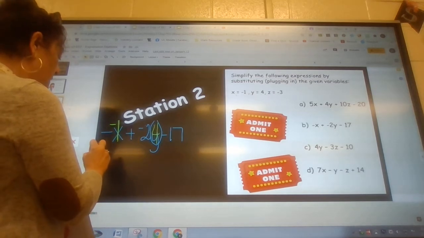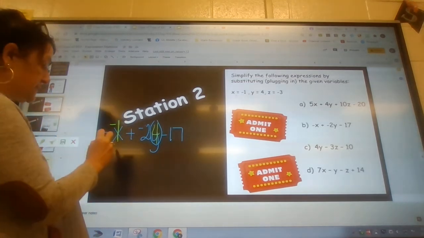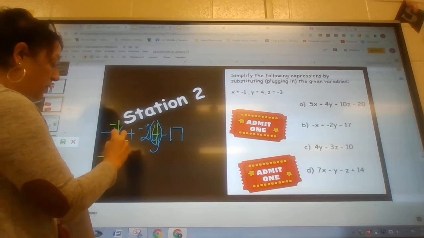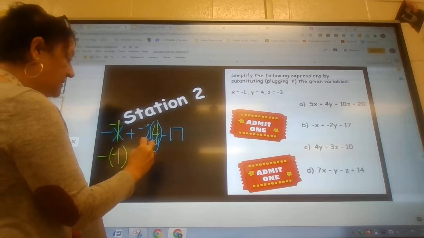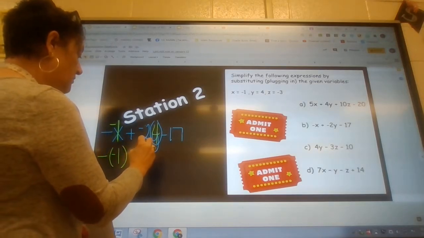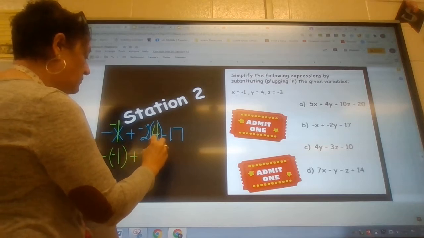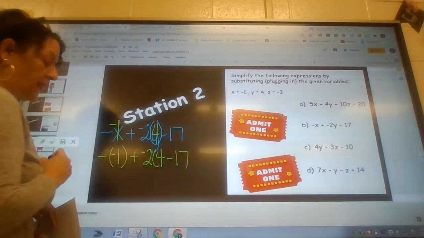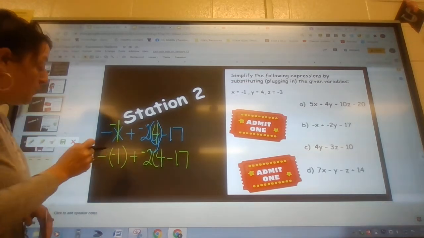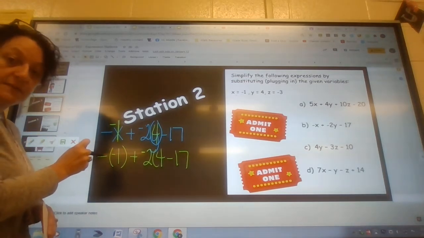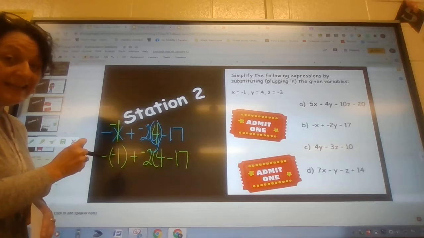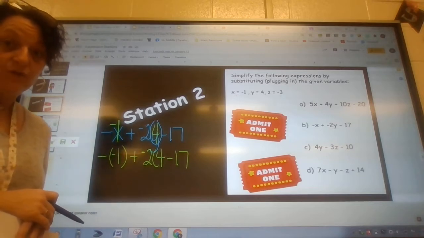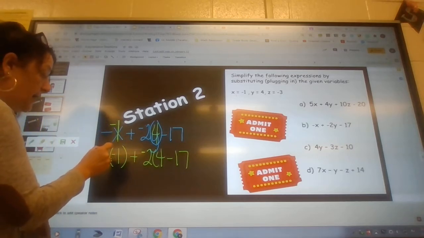So I've got minus -1 plus a -2 times 4 minus 17. Now, when I have this minus sign, there's really a negative.